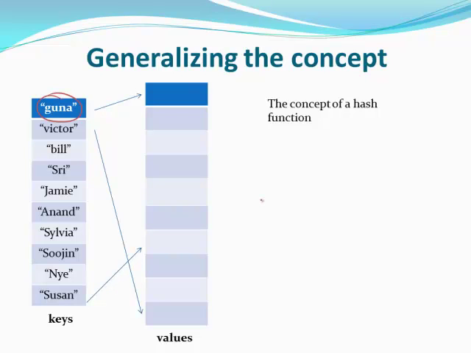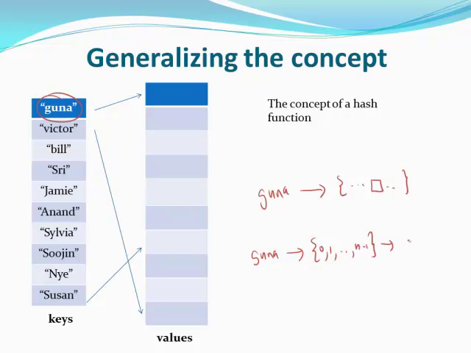So if you give me a key like, say, Guna, I'll be able to map into some location in the table. I'll map into some location in a list using this key called Guna. Since tables are stored by an index, we have to take this Guna and map it into an index between 0 and n minus 1.